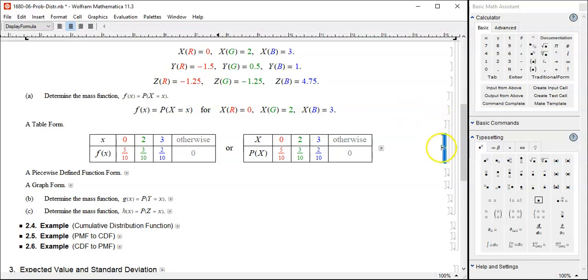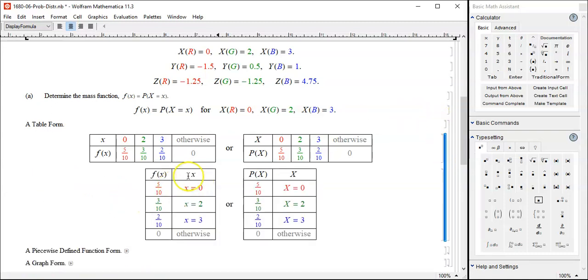Vertically, it's a little bit better. Even if you have 20 different x values, you can just arrange them all in vertical fashion. So for a more complicated case, we use vertical form, and for something concise, horizontal form. But either way, you should be able to see the correspondence one way or the other.